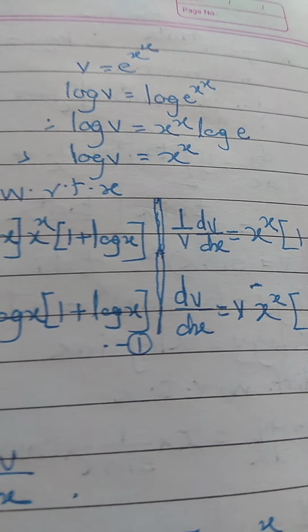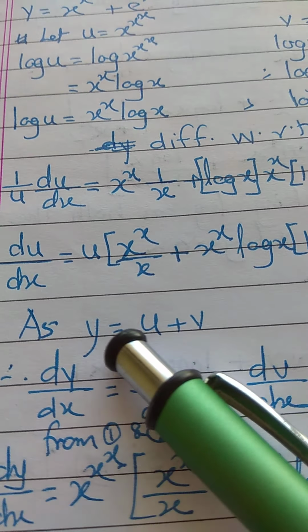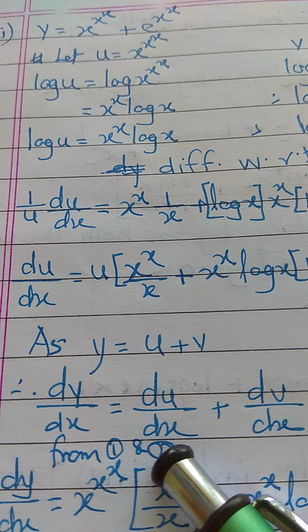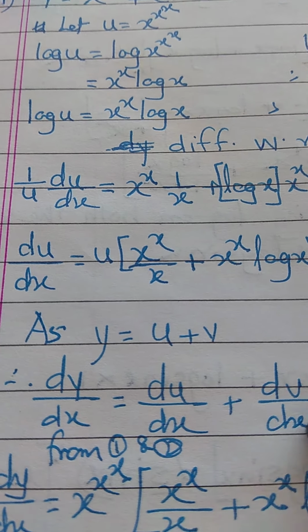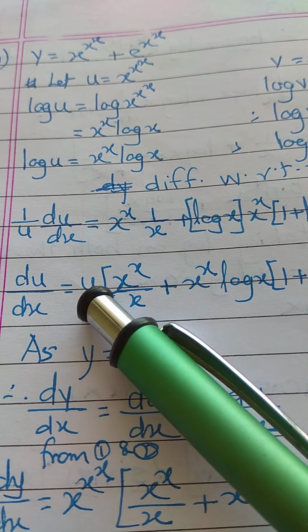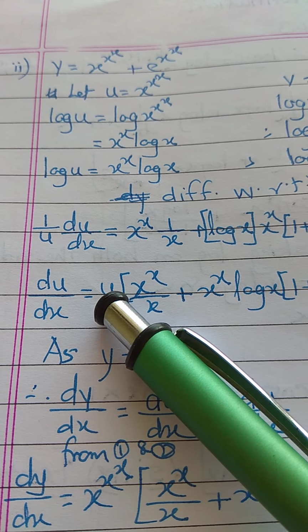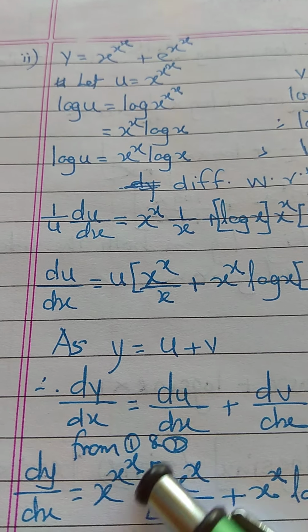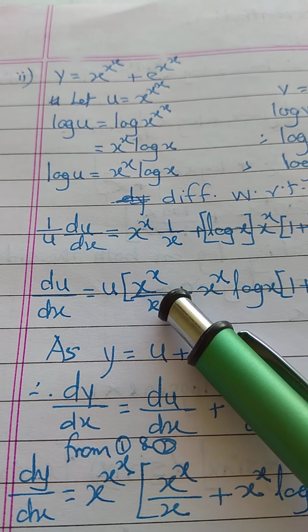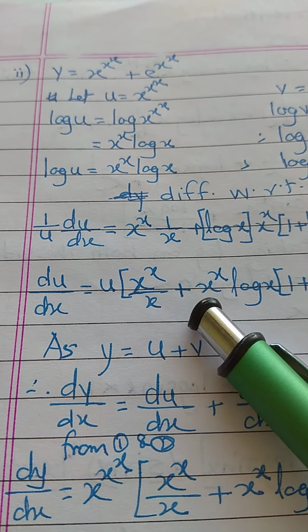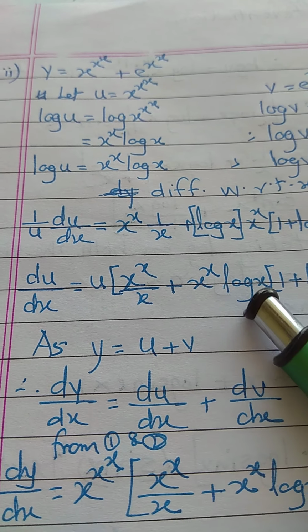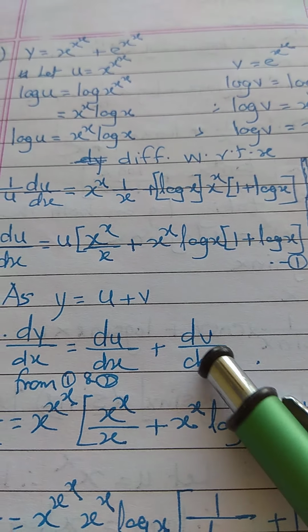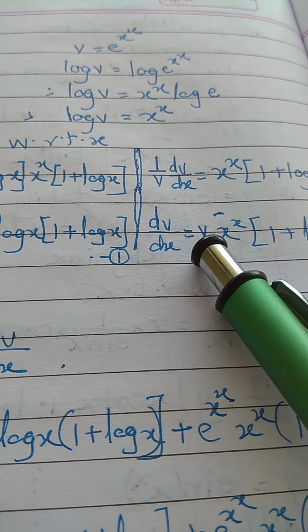This is number 2. As the given function is y equal to u plus v, dy by dx is du by dx plus dv by dx. What is du by dx here? This u means x raised to x. See here, in bracket x raised to x upon x plus x raised to x log of x in bracket 1 plus log of x. And what is dv by dx? See here, this v.